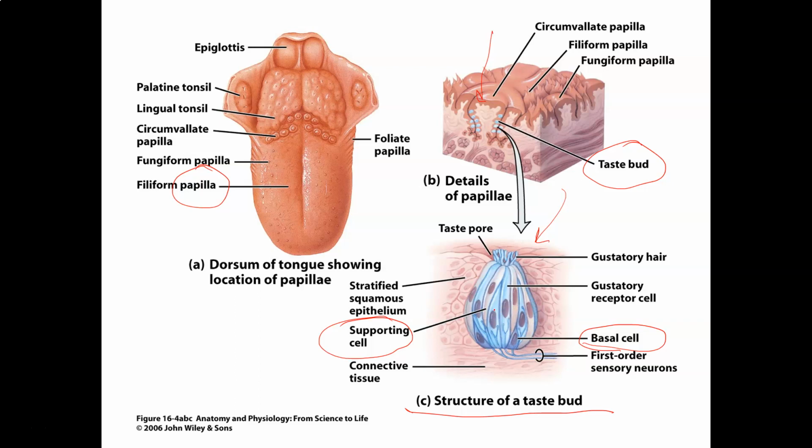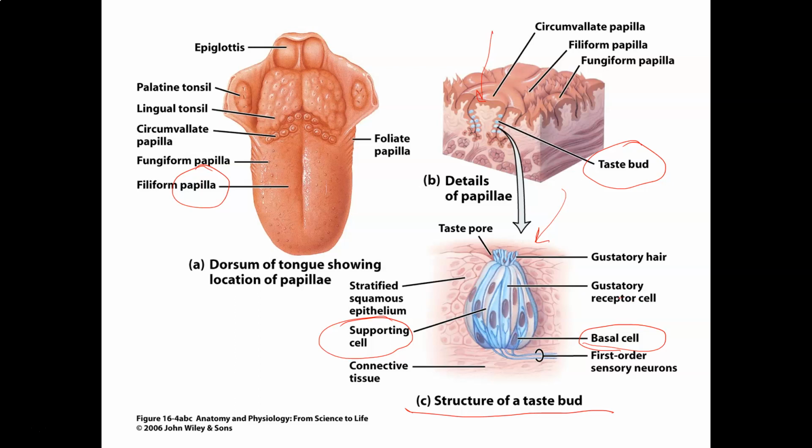Recall in the nose, the receptors were actual bipolar sensory neurons. They responded to the chemicals coming in through your nose with generator or receptor potentials, and if they were strong enough, their axons carried the action potential towards the brain. Well, in taste buds, it's a little different.